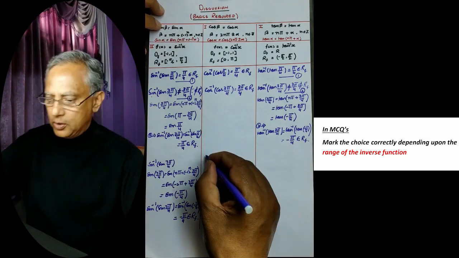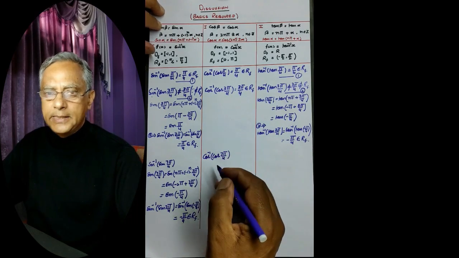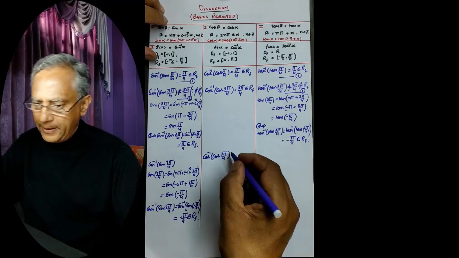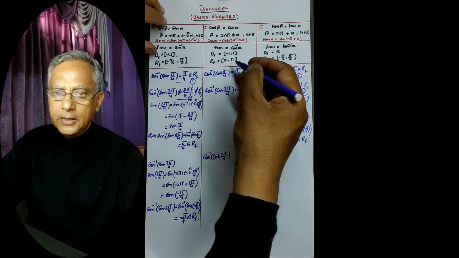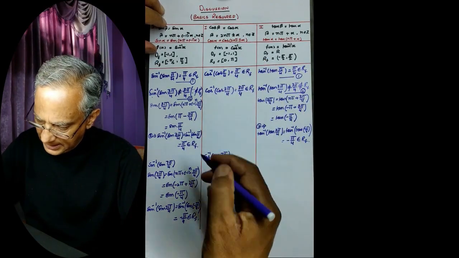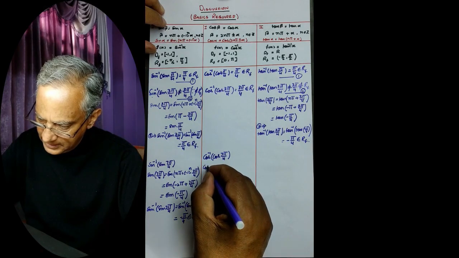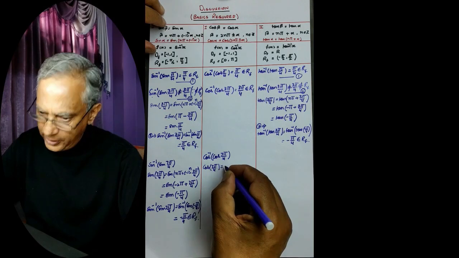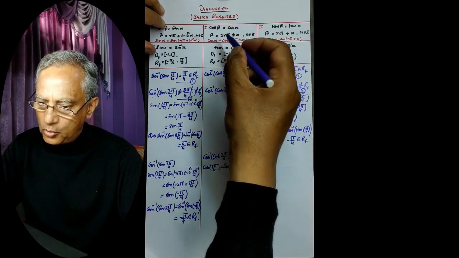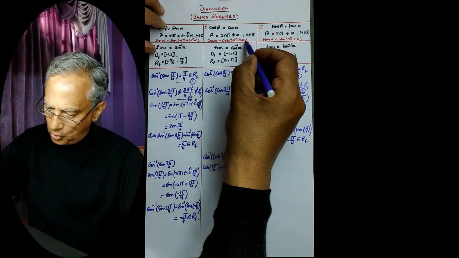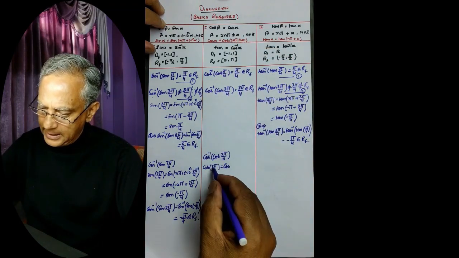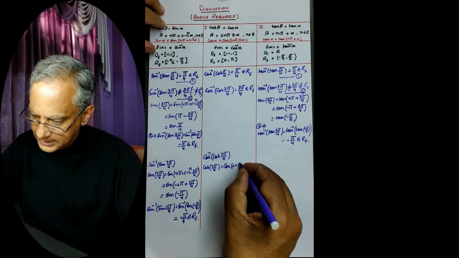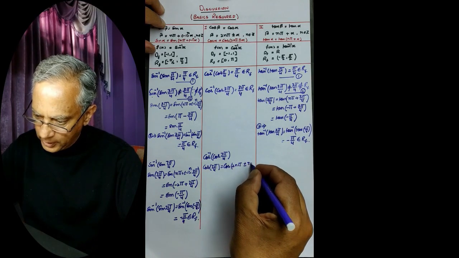Now I take up cos inverse of cos 7 pi by 4. This is again 7 pi by 4, which does not belong to the range of the function. So we can write cos alpha as cos of 2n pi plus minus alpha. So cos of 7 pi by 4 can be written as cos of 2n pi plus minus 7 pi by 4.